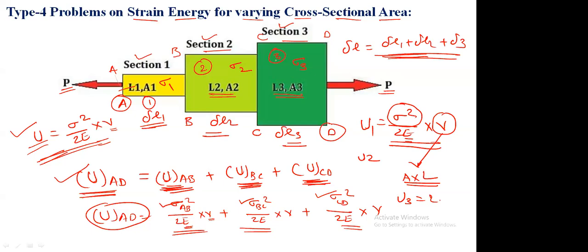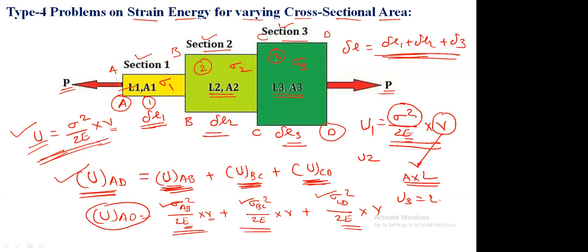That means the total strain energy U is equal to U1 plus U2 plus U3, and that formula will be the same for all 3 sections: sigma square upon 2E into volume. Okay, so this is the basic introduction related to type number 4, that is, problems on the strain energy for varying cross-sectional area and their formula.